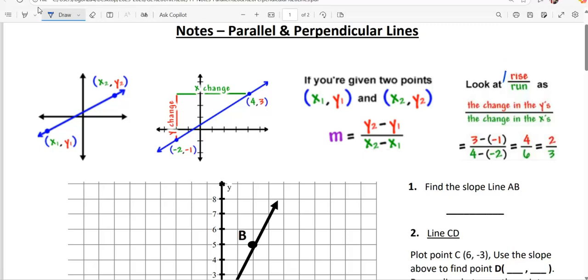You just count the rise up and down. You count the run left and right. Rise over run. The other way to find slope is to use the slope formula, where you take the y values and you subtract them over subtracting the x values. That gives you rise over run. Okay. So that's old news, rise over run, Algebra 1.